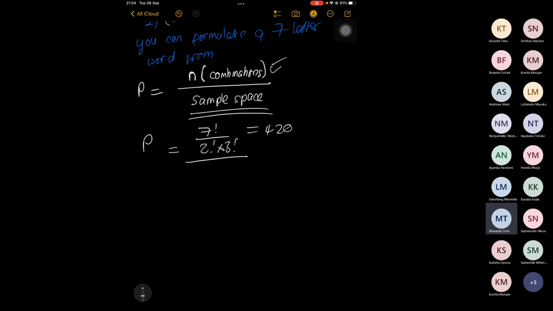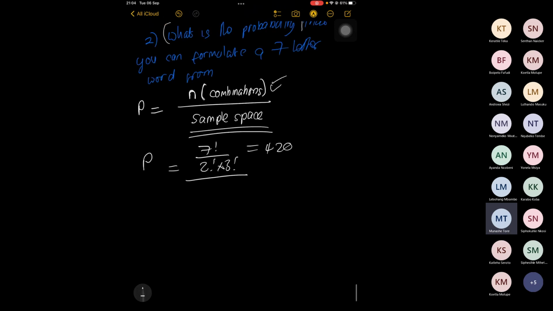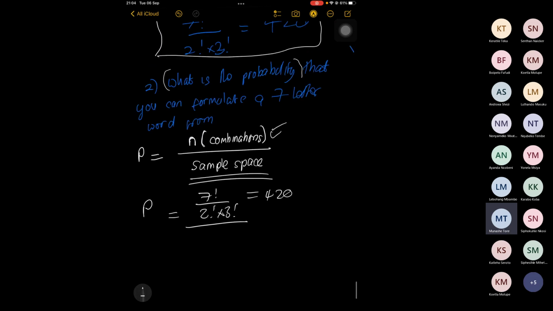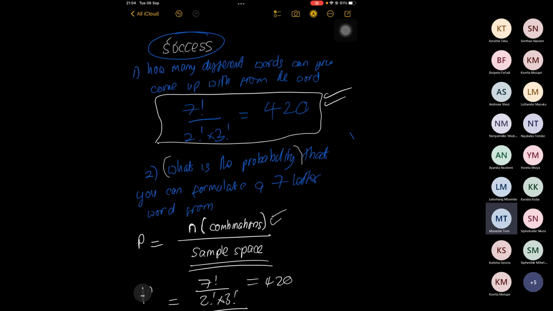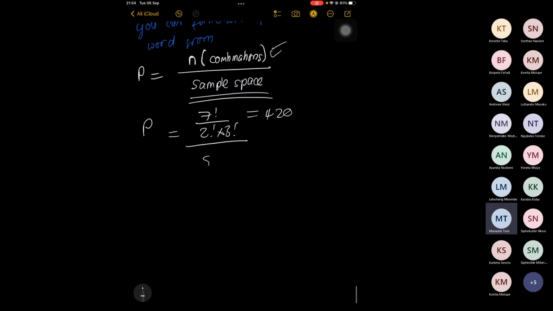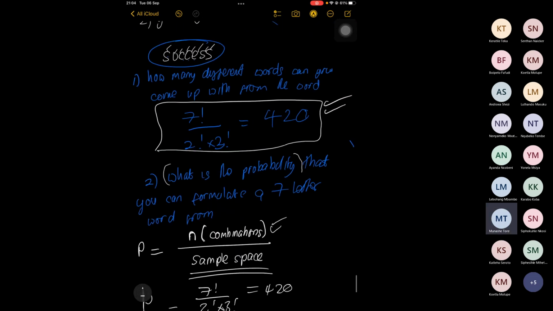That's how you calculate the number of combinations. But you divide this by the sample space, isn't it? What is your sample space in this case? Your sample space is just 1, 2, 3, 4, 5, 6, 7 factorial. Sorry, is it 8 or 7?